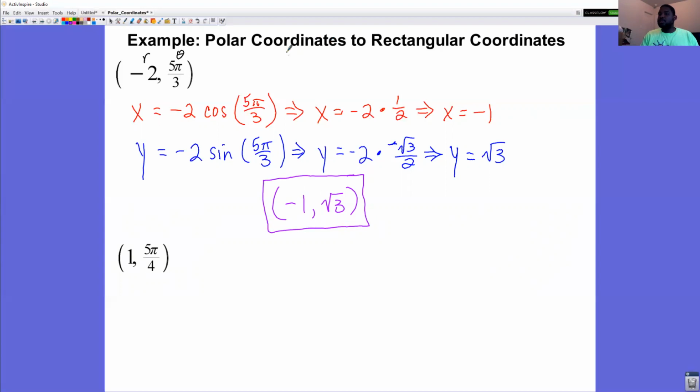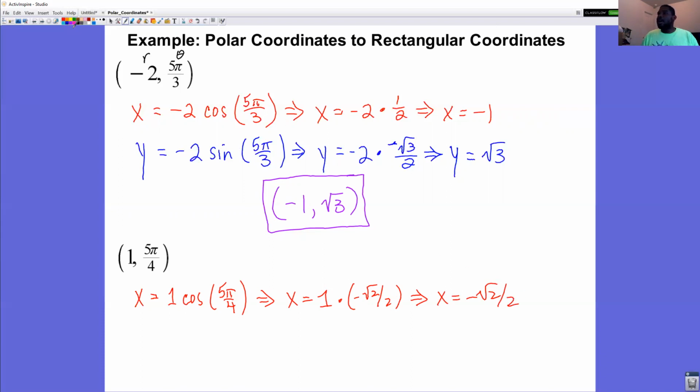All right, let's do one more. We're going to do this point down here, (1, 5 pi over 4). The process is the same. So x equals 1 times cosine of 5 pi over 4, which is x equals 1 times negative square root of 2 over 2. So we have an x coordinate of negative square root of 2 over 2.